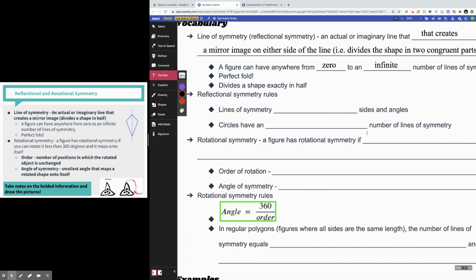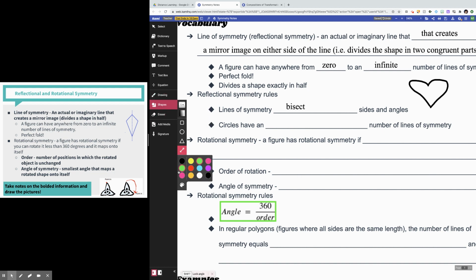So there's a couple of reflectional symmetry rules, or things that are common to all lines of symmetry. Lines of symmetry will bisect sides and angles. Say we have a heart that we're drawing. Not a perfect heart, because I'm drawing it by hand, but we do the best we can.